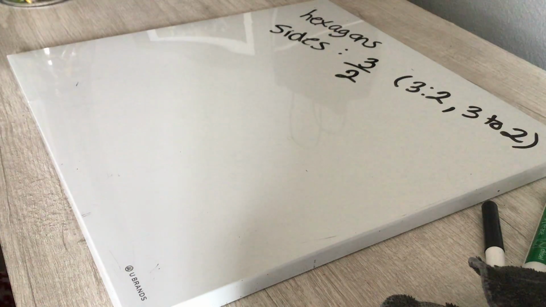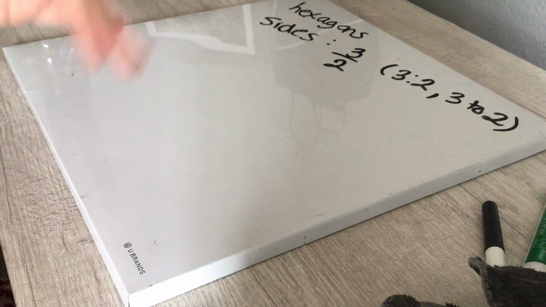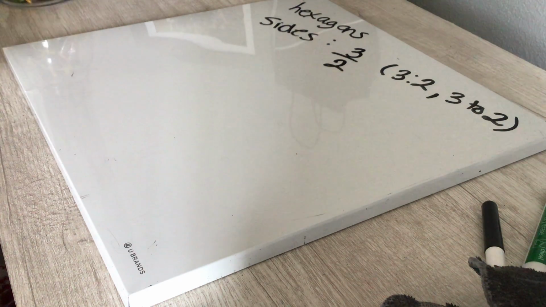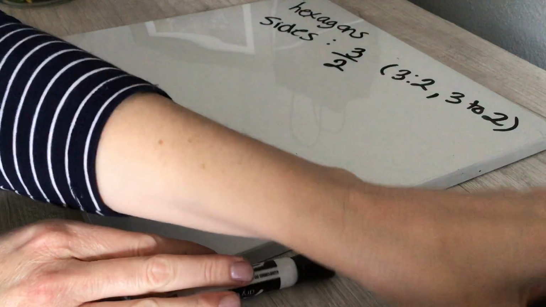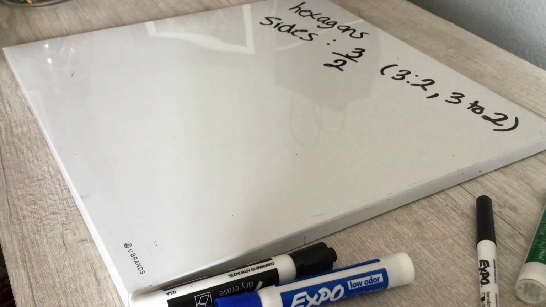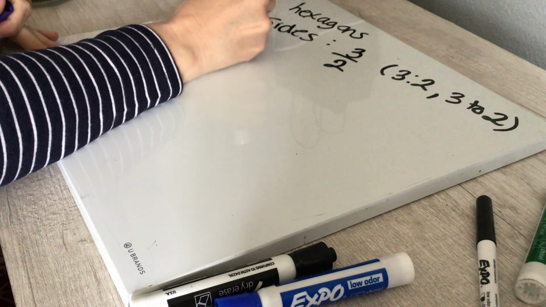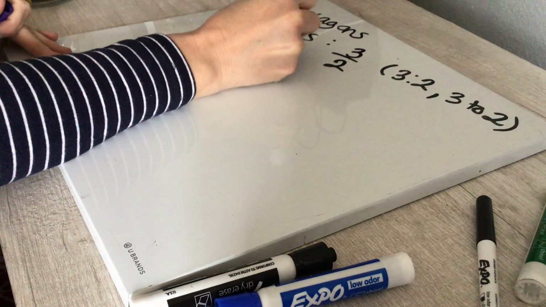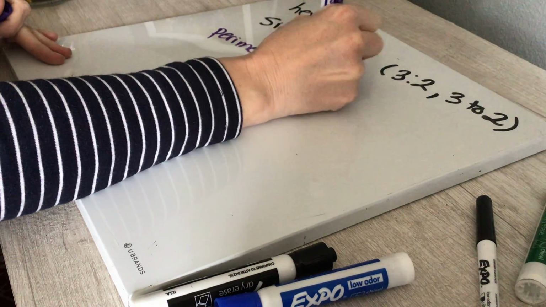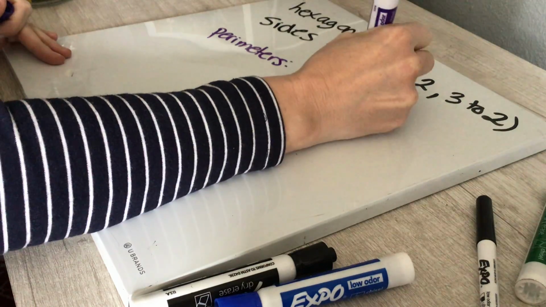They all mean the same thing. If the sides have the ratio of 3 to 2, then the ratio of their perimeters is going to be the exact same, 3 to 2.